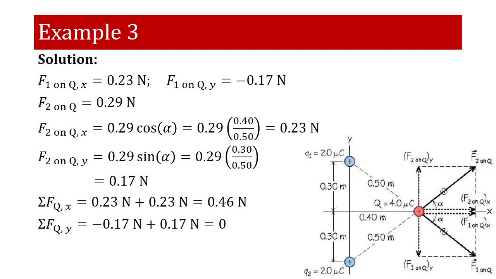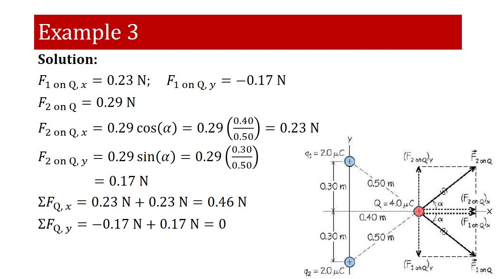So by symmetry, the two y components will cancel out. Even if you have not computed it, you can see in the figure, Q1 will push Q down while Q2 will push Q up. Up and down cancel out because they have the same magnitude.